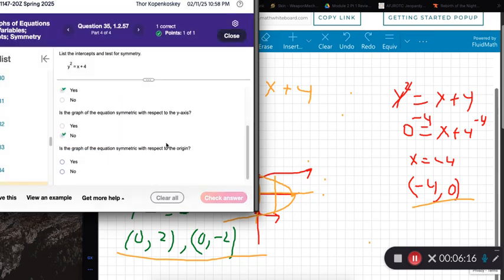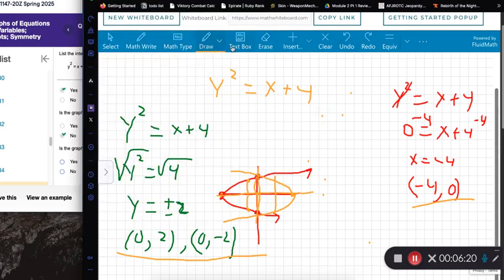And then, is the graph symmetric with respect to the origin? What it means with respect to the origin is, let's say we have another function here. This was our origin, right? If we had a function that looks like this, then you could flip it, mirror it over the origin, the center point.